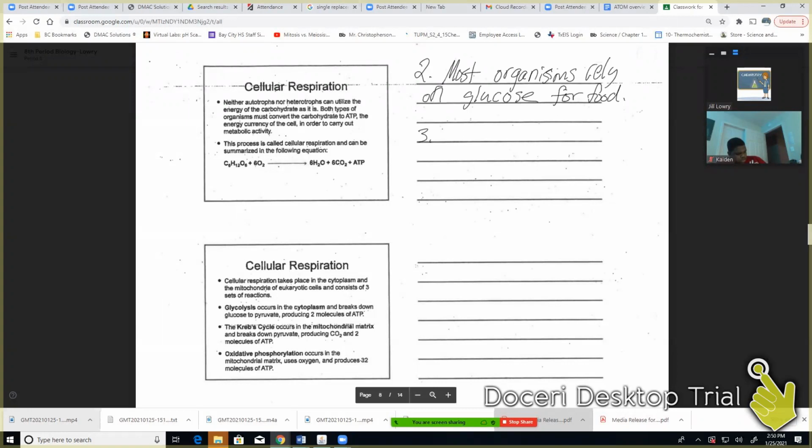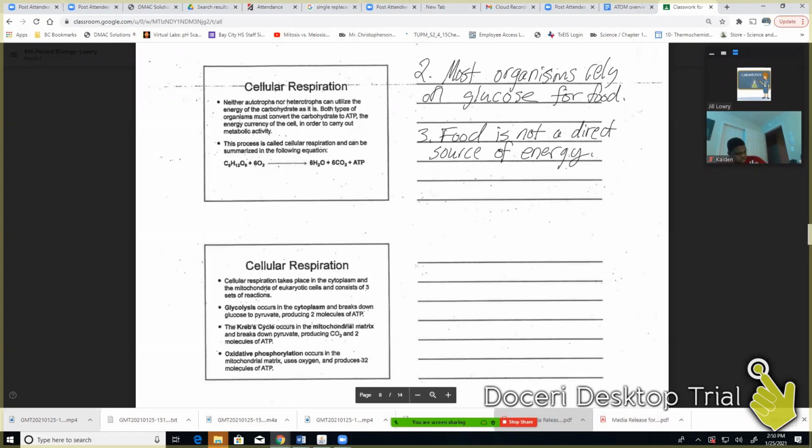And these are just some important points about cellular respiration, because cellular respiration takes that glucose produced in photosynthesis and puts it into ATP, which is really the form of energy that we need. Food is not a direct source of energy.